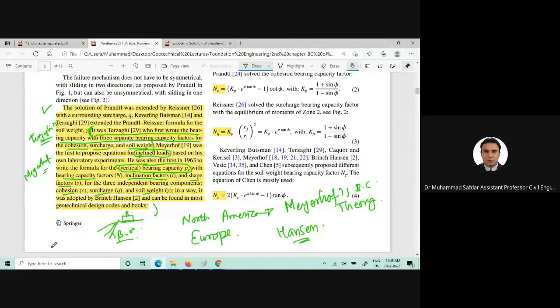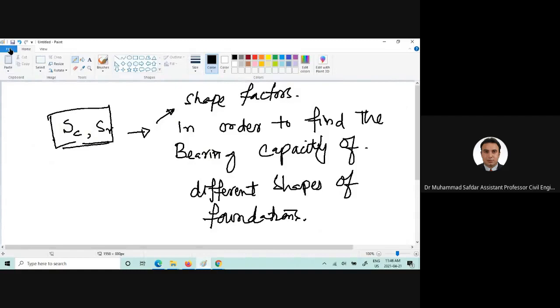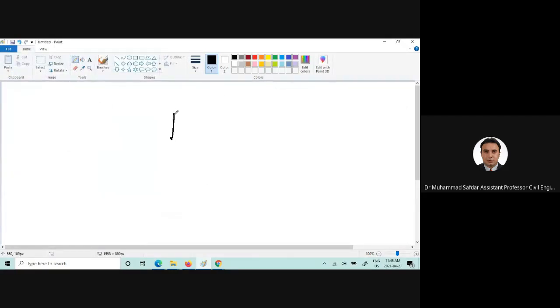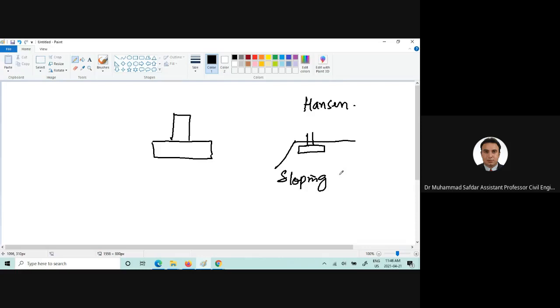So far we are only focusing on level ground, but there are other people, for example Hansen, who proposed for the sloping ground how the bearing capacity will be affected by the sloping surface.